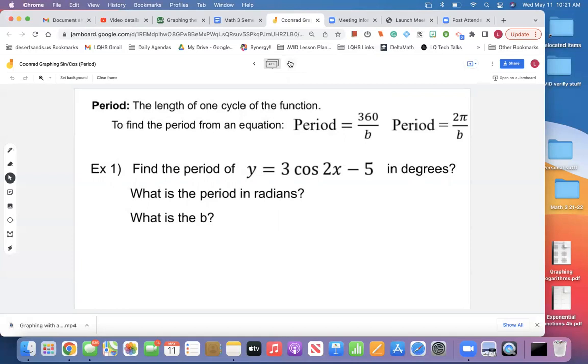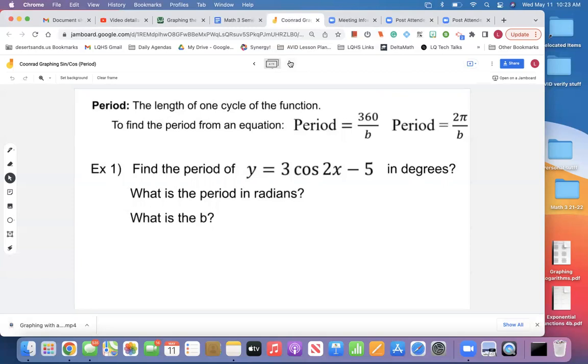All right, so here's what we're going to do. This one says, find the period of this equation. And then it tells us right here that they want to know it in degrees. That's the first question. Find it in degrees and then find it in radians. That's your job, right?